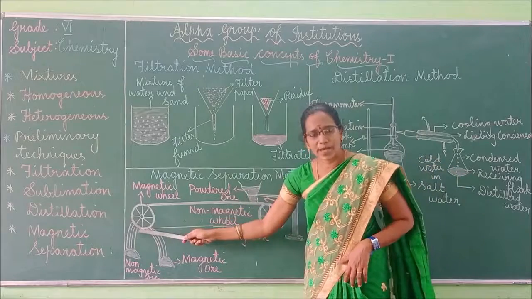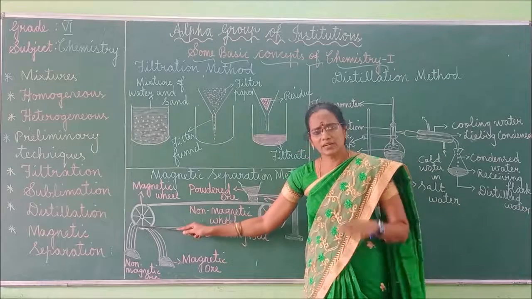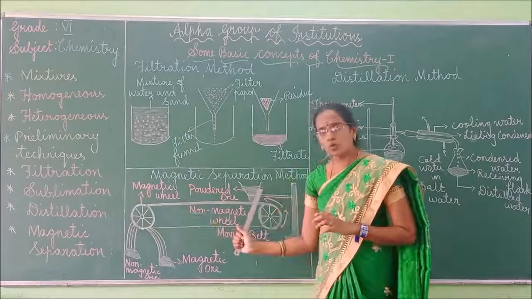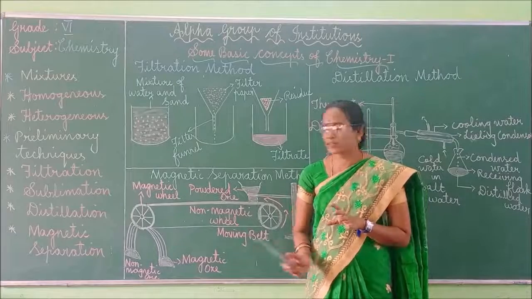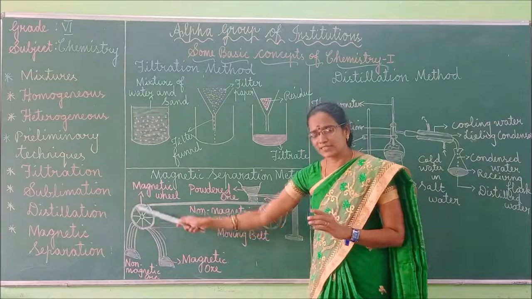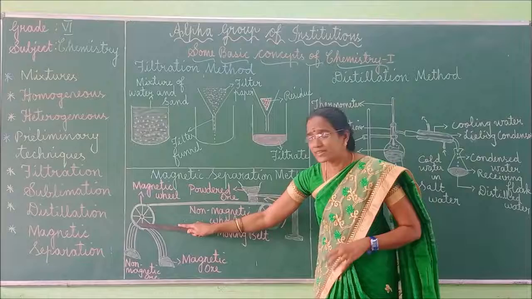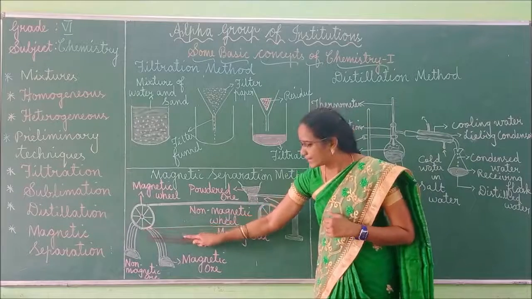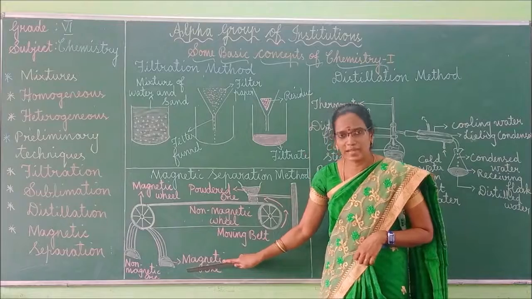This wheel is magnetic in nature, so it receives all the magnetic materials and collects them as a separate heap like this.